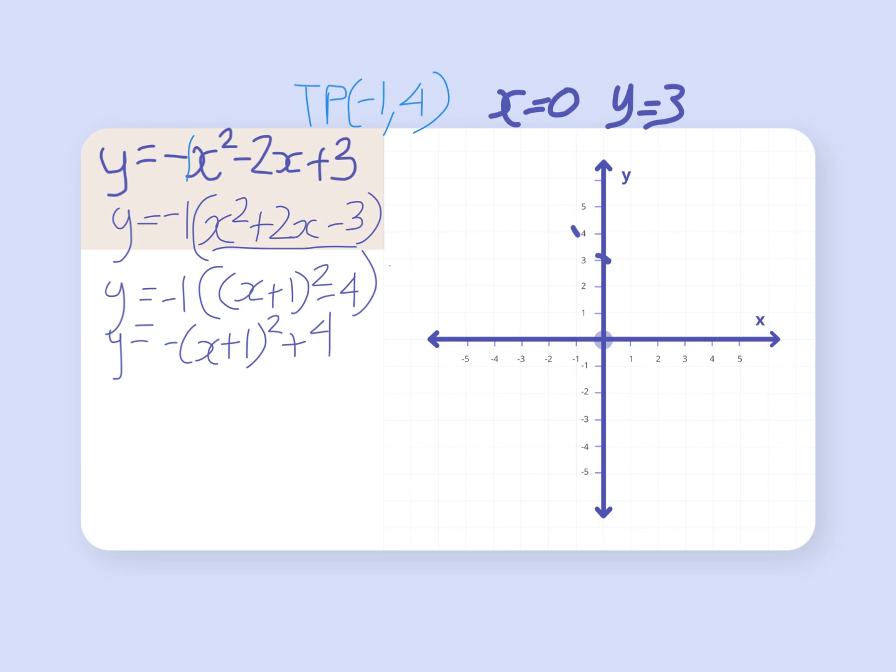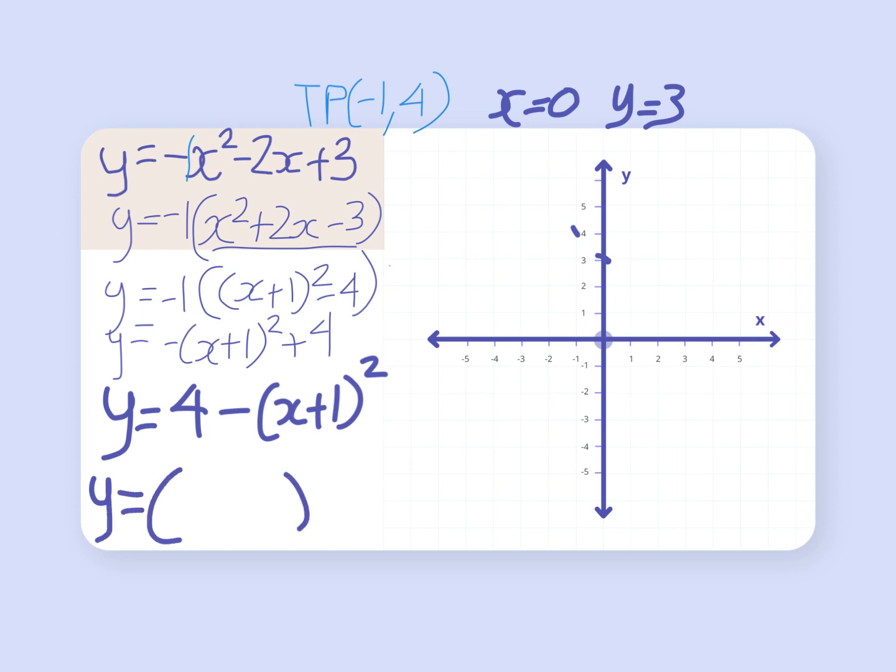So what we're going to have to do is factorize this using the difference of two squares. So because it's got to be a perfect square minus a perfect square, we're just going to write it like this. So to factorize using the difference of two squares, we get two brackets. We square root the first. We square root the second.